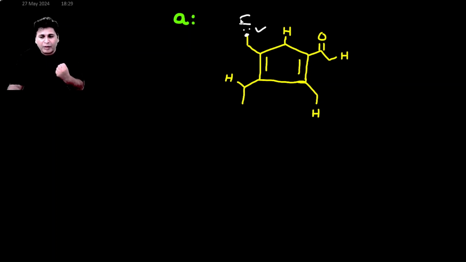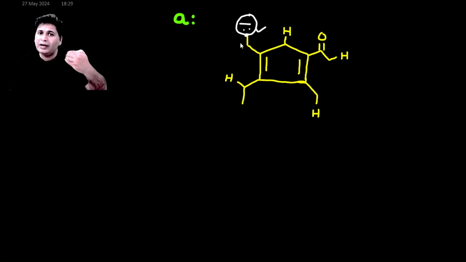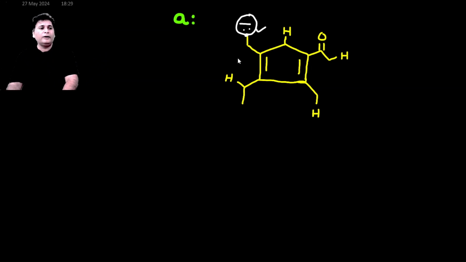As you get this minus charge on this carbon, it is a burden on this carbon. And the way you can reduce the burden is by delocalizing the charge, either a plus charge or a minus charge. So what are the tools of delocalizing charges?